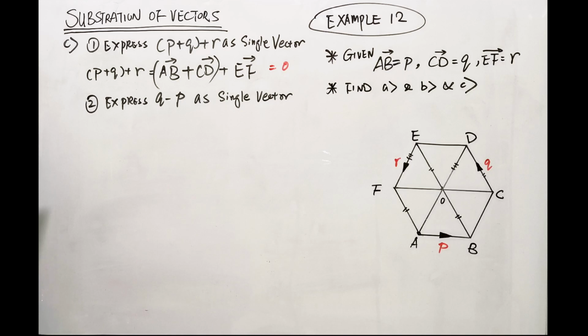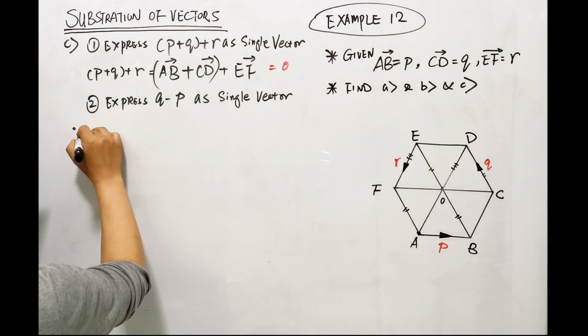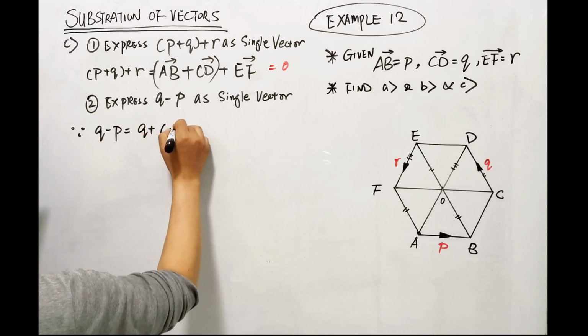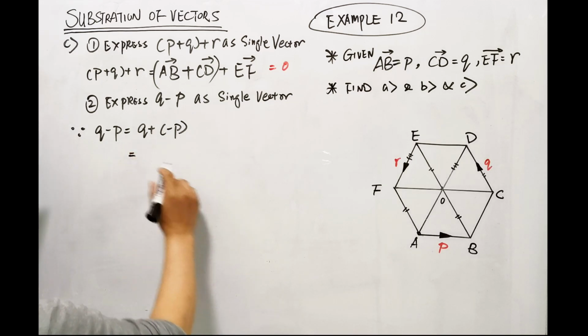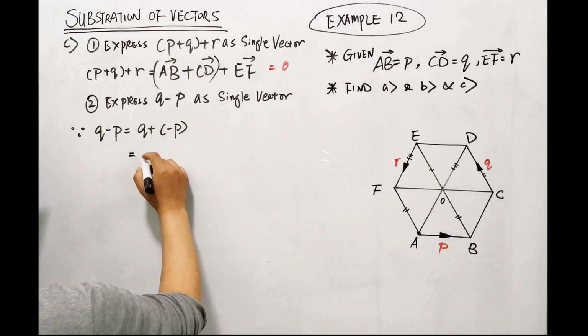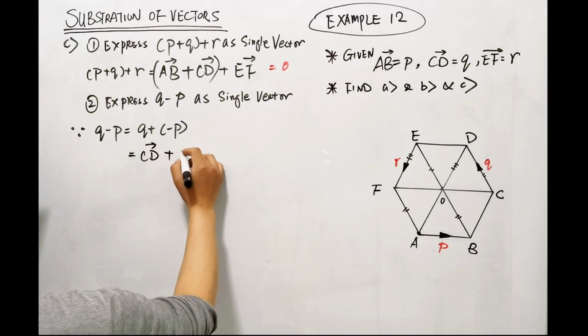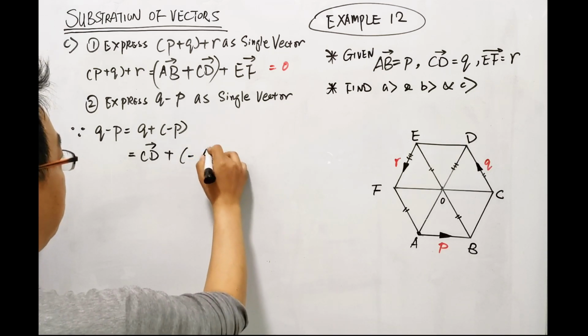Because this is a typical subtraction, we can write it in this way: Q plus minus P. From here we can see that Q is the CD, then plus minus P is minus AB.